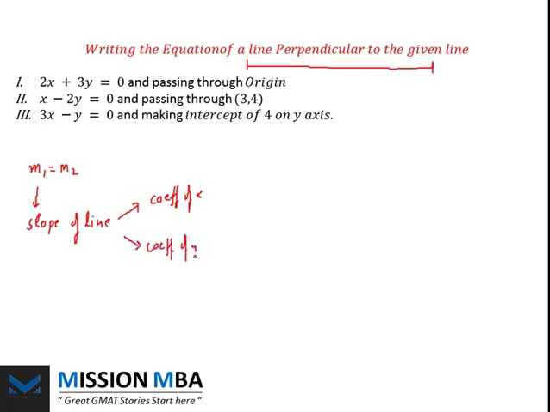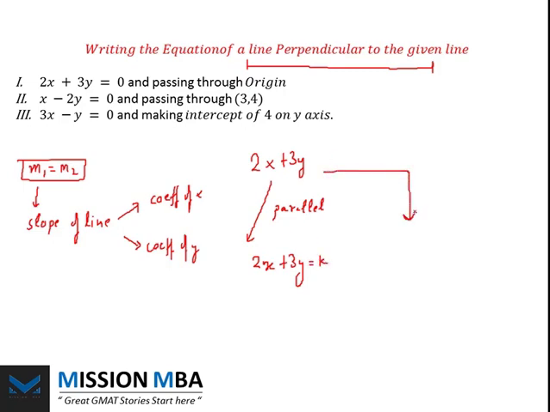Therefore, when we have to write down the equation of a line parallel to a particular line, let us say 2x plus 3y, then the line parallel to this will have the same m as m1 equals m2, and hence the coefficients of x and y will remain the same and the line will be of the form 2x plus 3y equals k.